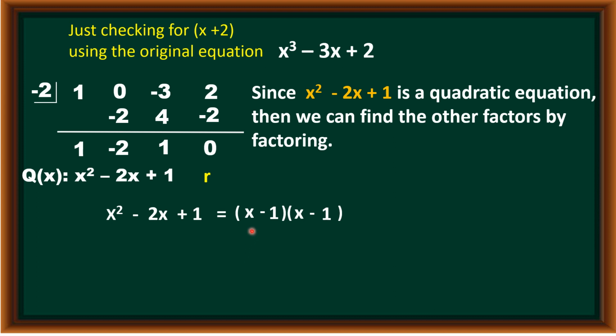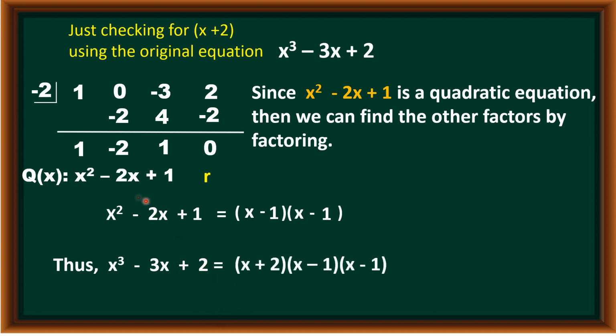Okay? Let us check. X times x by FOIL method, x squared. Negative 1x at saka negative 1x. Pag kinumbine, negative 2x. And then last times last, negative 1 times negative 1 is positive 1. Therefore, the other factors are x plus 2. Ayon, ito yon.